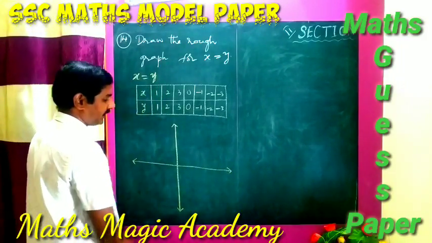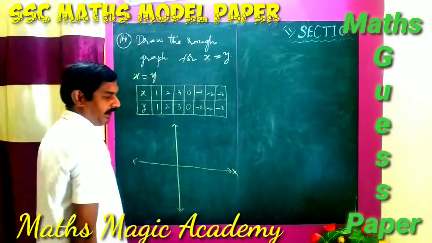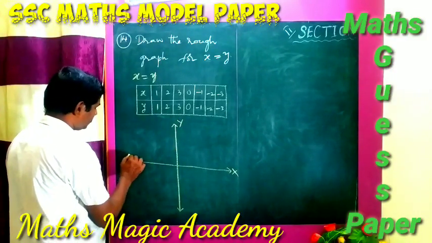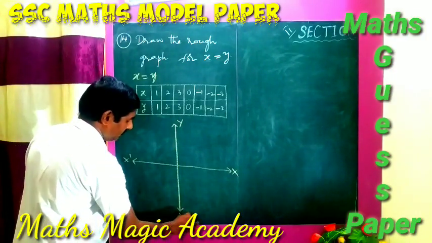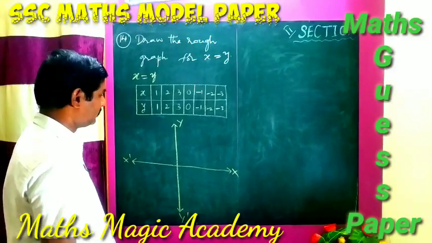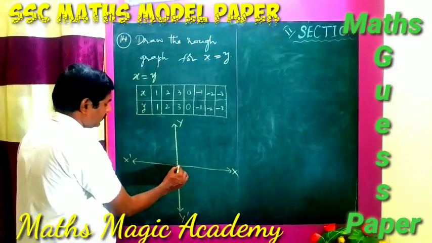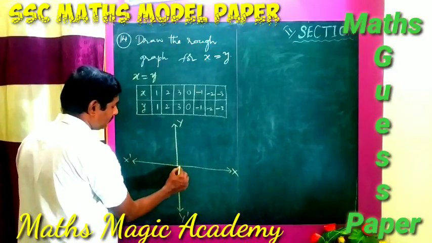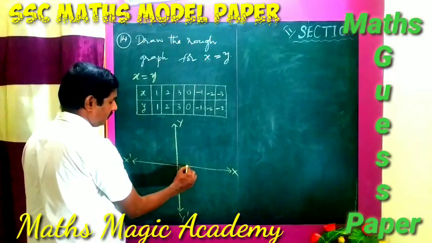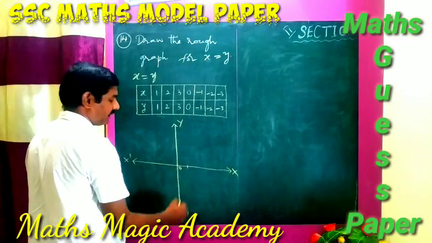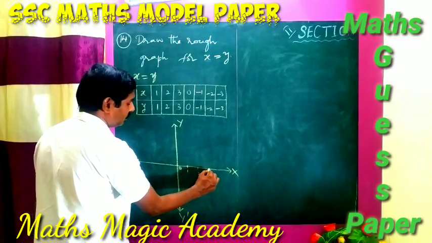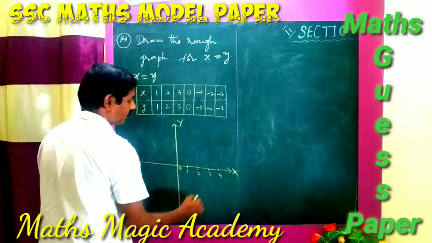In this coordinate axis, this is x and this is y, and this is x dash and this is y dash. Now you can see the intersection point of these two is 0, and we can take the graph line scale as 1, 2, 3, 4 like that.